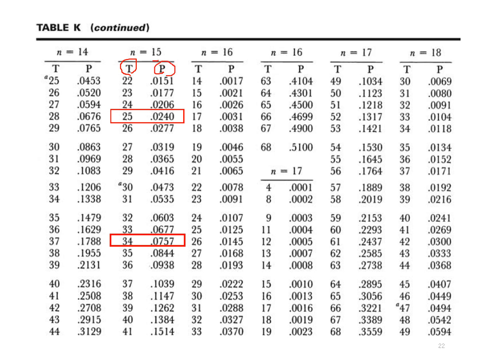Our sample size is 15, right? As the T value increases, the probability also increases, so it is a cumulative probability. When T is 25, the probability is 2.4%. At 26 it is 2.77%, so moving from 25 to 26, the 2.5% is exceeded, and 2.5% lies somewhere between these values.